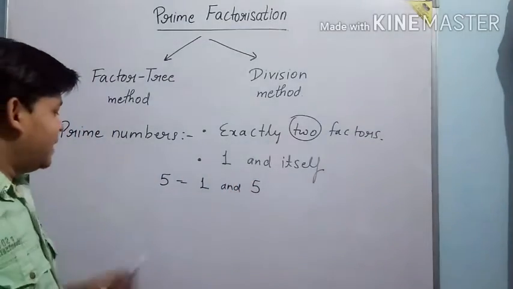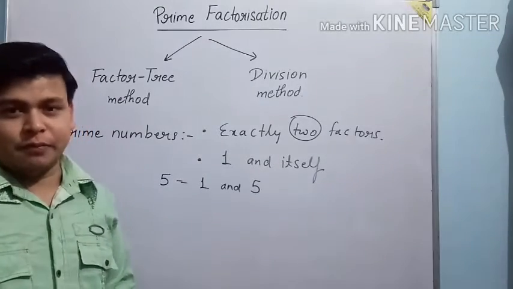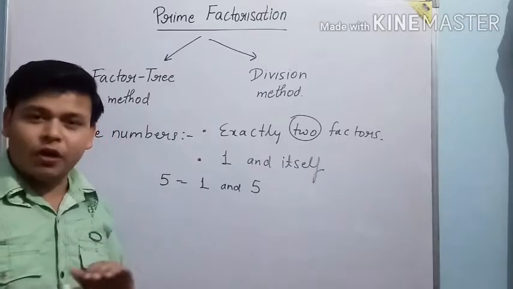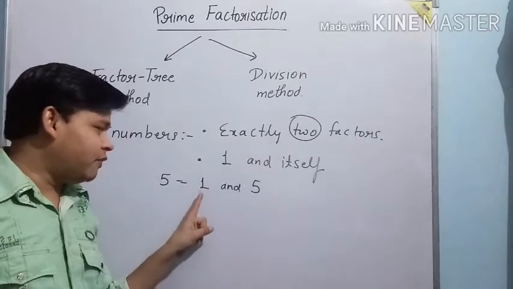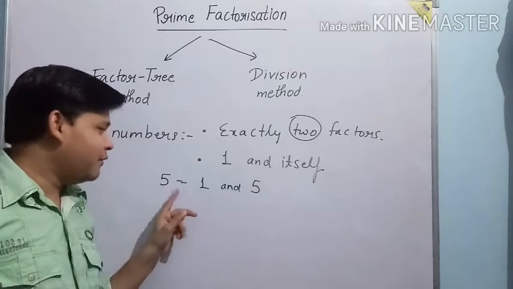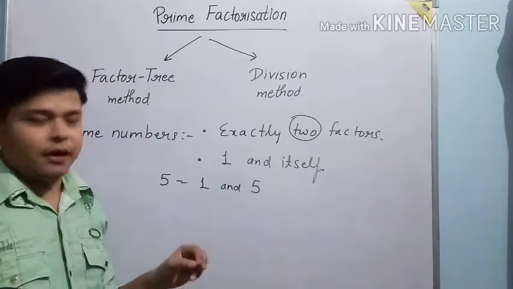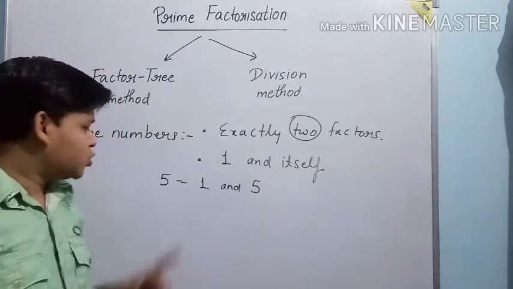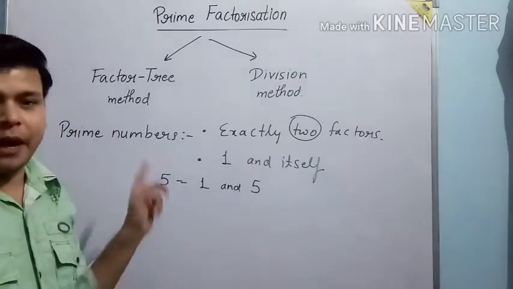So 5 has only and only two factors. Means अगर आप ट्राई भी करेंगे, चेक भी करेंगे, तो 5 किसी और टेबल में नहीं आएगा केवल 1 और 5 के अलावा. You will not get 5 in any other table except this one and itself, like 5, right? So that's why this 5 is a prime number.